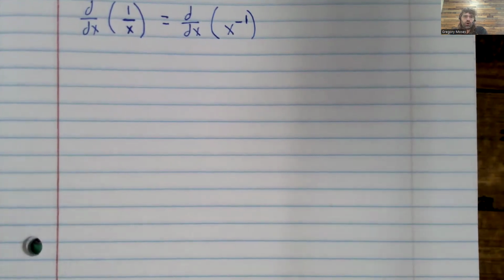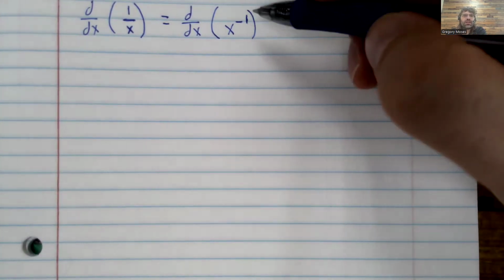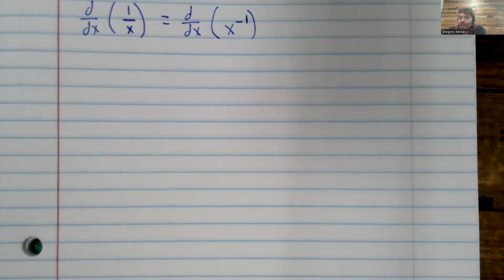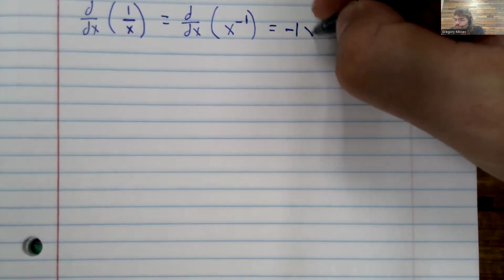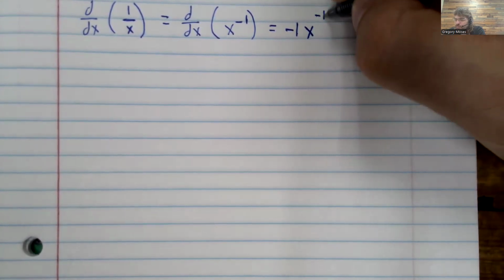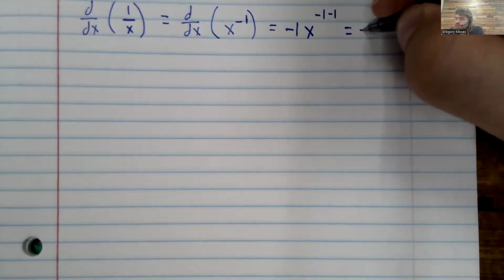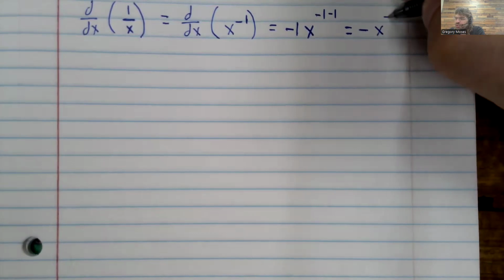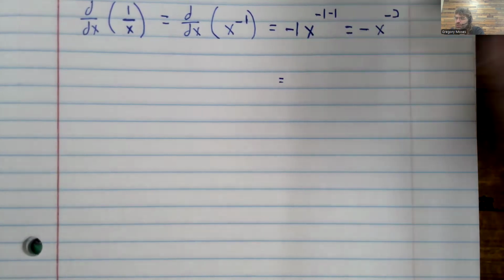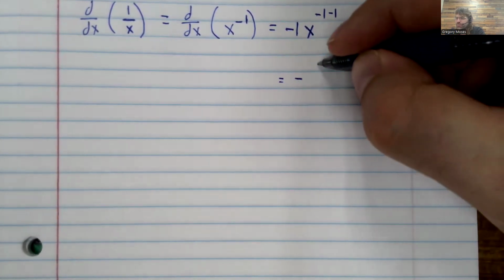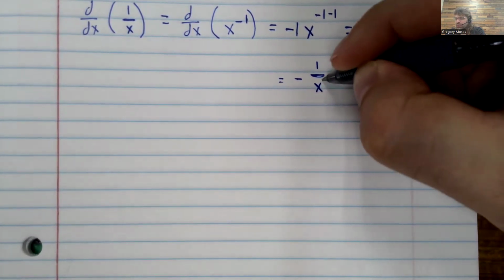The power rule always works. The fact that we have a negative number up here doesn't do anything. The power comes down. We subtract 1 up here. Negative x to the negative 2nd, which we could then write as negative 1 over x squared.